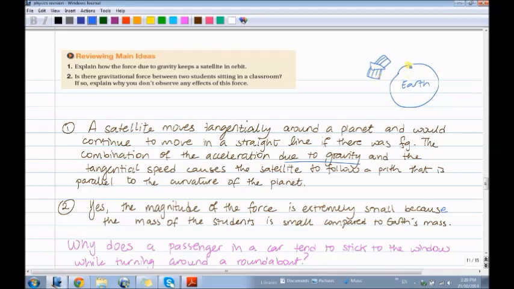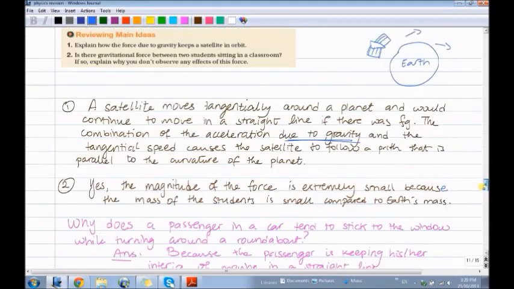A satellite moves tangentially around a planet and would continue to move in a straight line if there was no Fg. The combination of acceleration due to gravity and the tangential speed causes the satellite to follow a path that is parallel to the curvature of the planet.